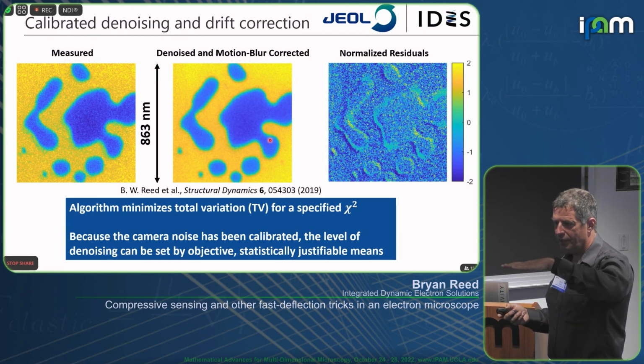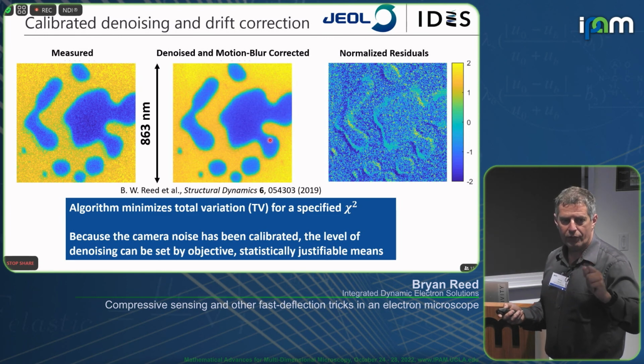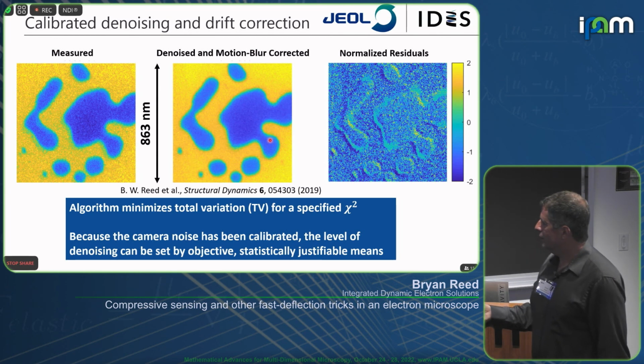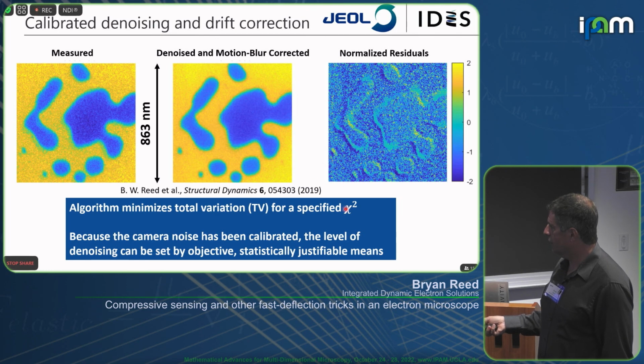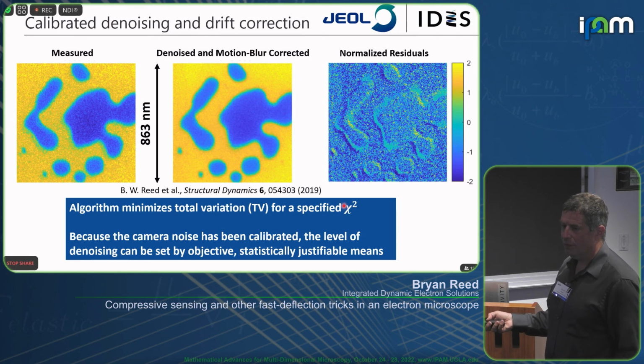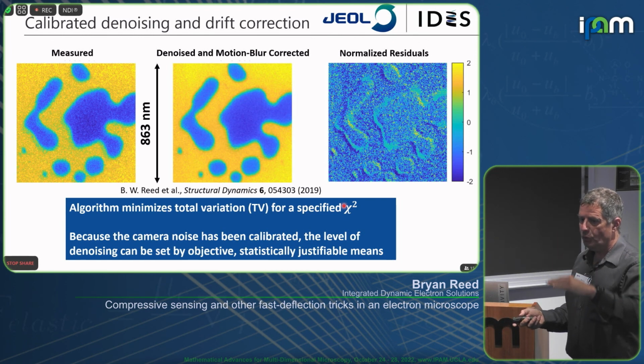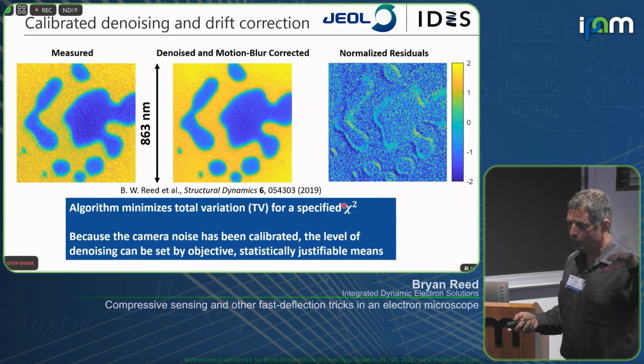So it's looking at the frames immediately before and after to help it decide whether some feature is real or not. And I'm also calibrating the noise in the camera. So I'm setting chi-square per pixel to be, I think I set it to 1 on this one. So it's saying, don't change the things too much. Only get rid of features that are consistent with being noise, right? And I've calibrated the noise.